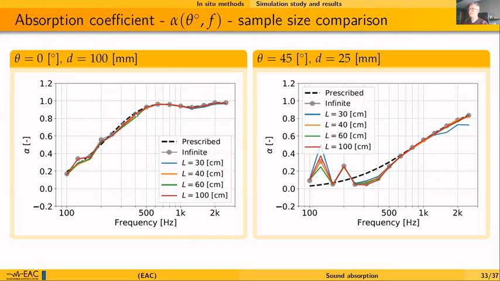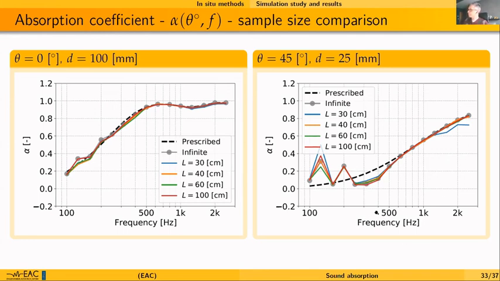We can see that the reconstruction is very similar, both for the highly absorbent sample and for a low absorbent sample. That is very encouraging because even when we measure a finite absorber, which is always the case, we can recover very nicely the absorption of the infinite sample, which I think is a good contribution.